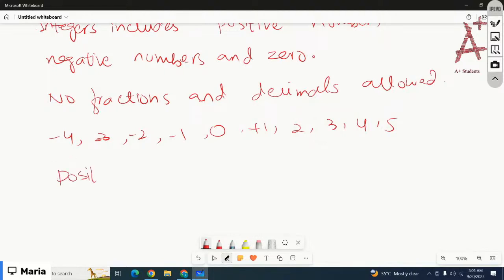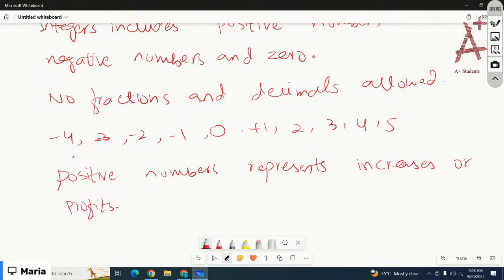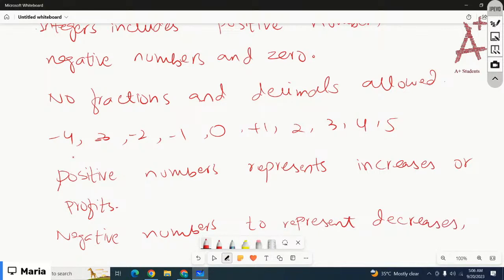Positive numbers represent increases or profits, and you can use negative numbers to represent decreases, reductions, or loss.